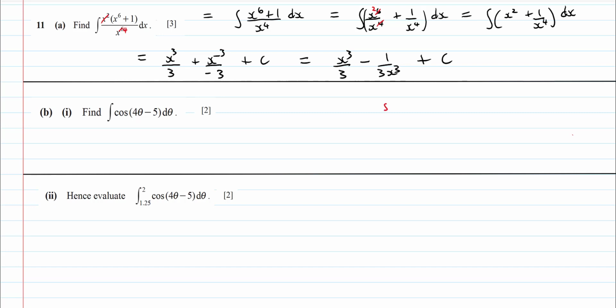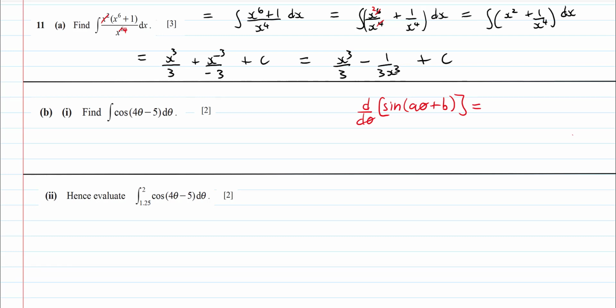So if we have some function sine of a times theta plus b, and we're going to differentiate that with respect to theta, well, we just need to use the chain rule.